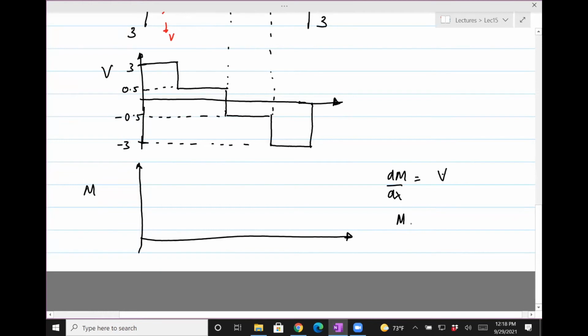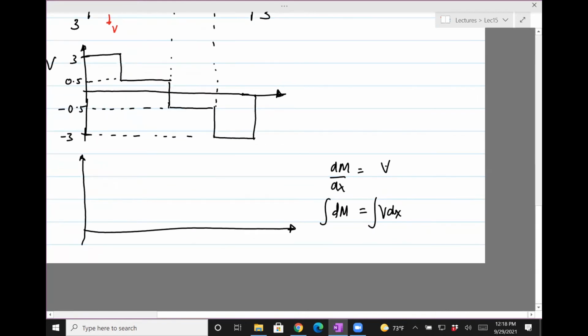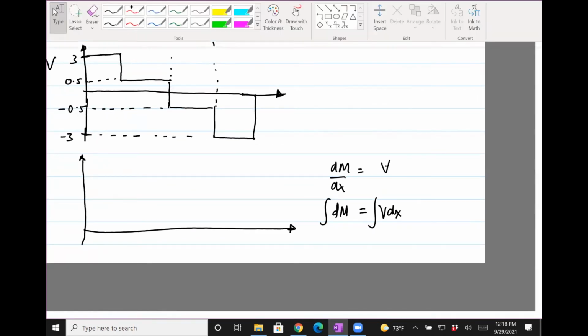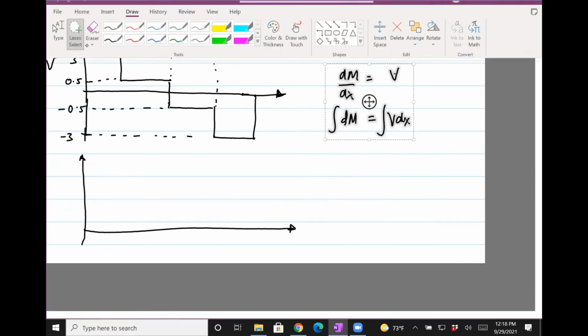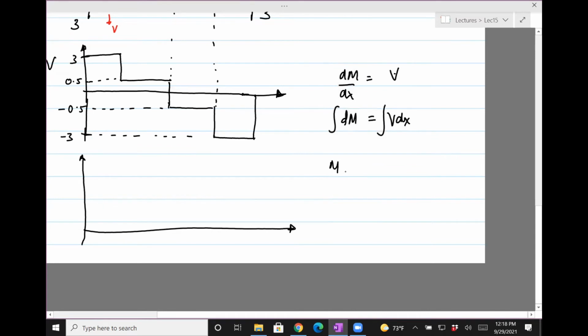dM equals V dx. So moment from, let's say, one point to another point is simply the integral of V dx between those 2 points, so 0 to 1.